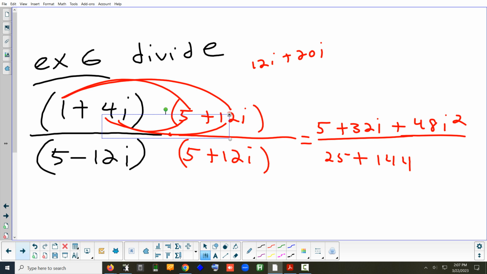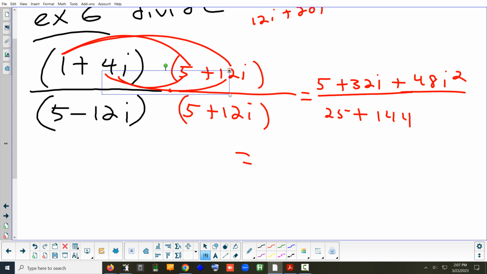Okay, so now we've multiplied it out. We're just going to combine all the like terms and get that in standard form. Well, we just said that's going to be 169. And what about what I just circled? 48i squared. That's really what number?